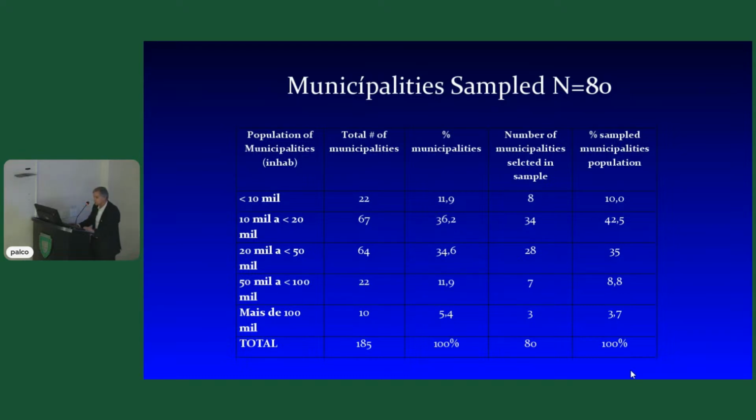Then we have total municipalities, very small and small cities. The majority were between 20,000 and 50,000. So you did a proportional kind of allocation, trying to get proportionality, a little bit more on the 20 to 50,000, a little bit less on the more than 100,000 and less than 10,000.